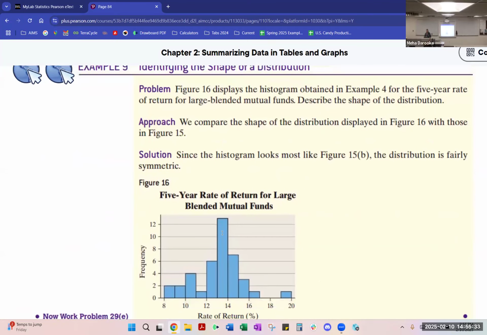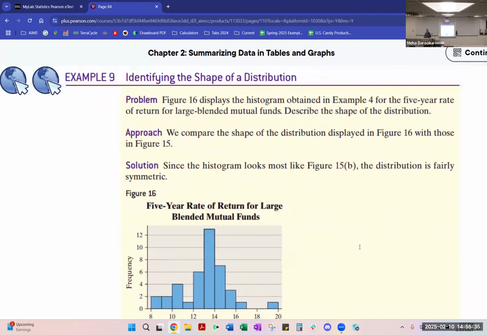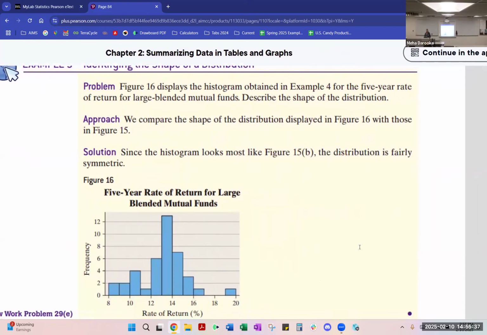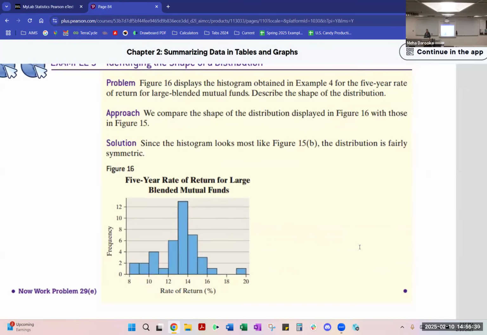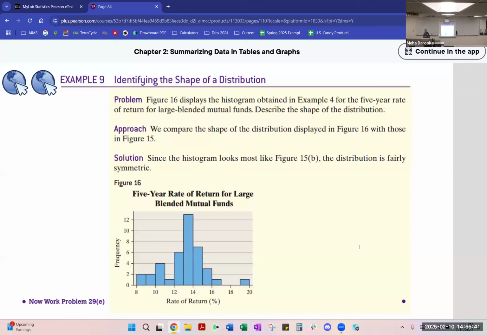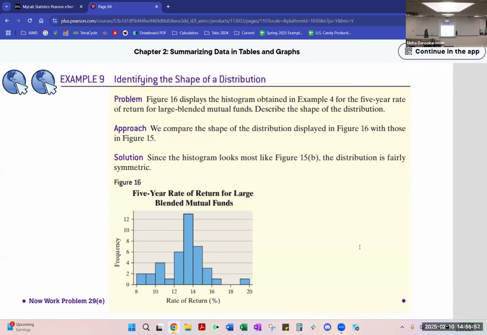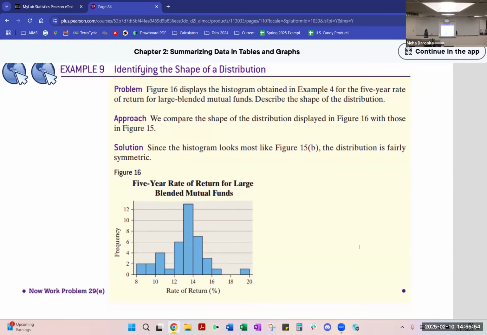So they're talking about, okay, let's see if we can identify what the shape of the distribution can tell us. This example here is talking about the histogram that was obtained from example 4 for the 5-year rate of return for large blended mutual funds. We had actually looked at that example last class, but basically you can see what the histogram looks like.